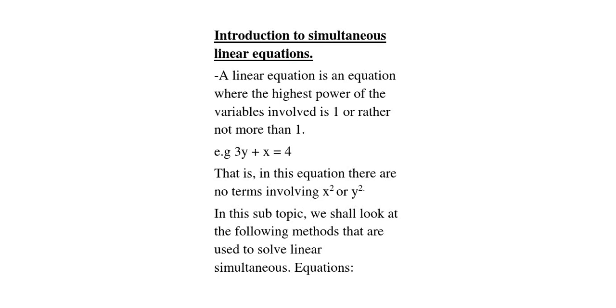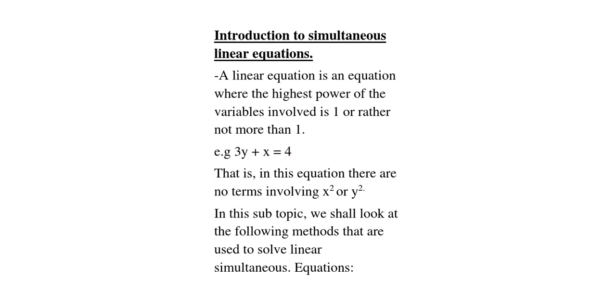solve simultaneous equations. So for simultaneous equations, we define a linear equation as an equation where the highest power of the variables involved is 1, or rather, not more than 1. For example, we have 3y plus x is equal to 4.